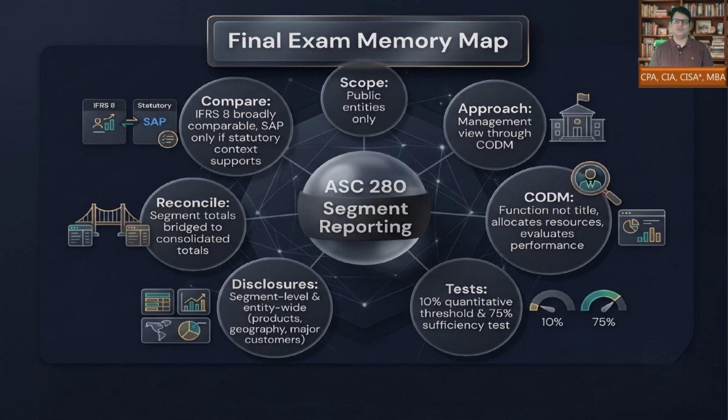Disclosures, include segment level and entity wide information, including products, geography, and major customers. Reconcile, bridge segment totals to consolidated totals. Compare, IFRS 8 is broadly comparable, while SAP is only relevant when the statutory context supports it. This completes ASC 280 segment reporting.